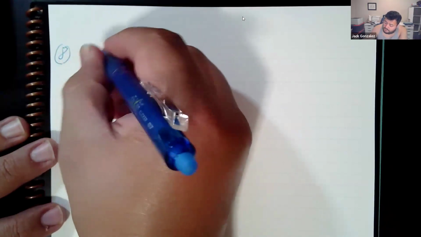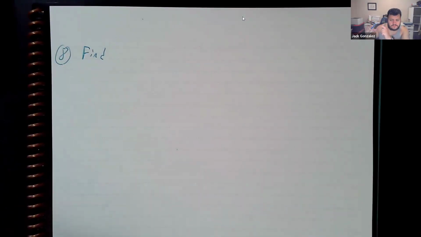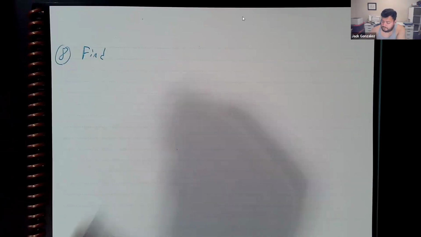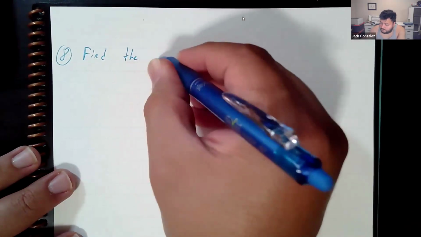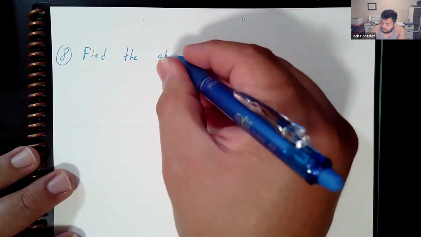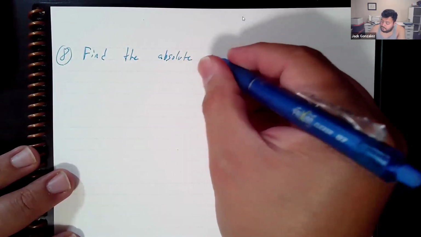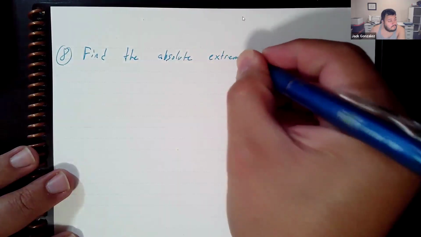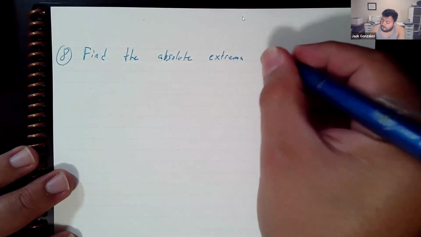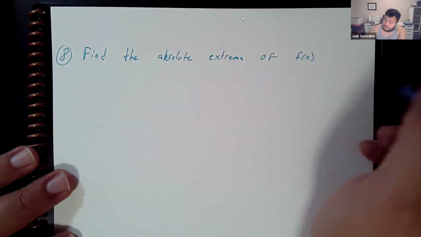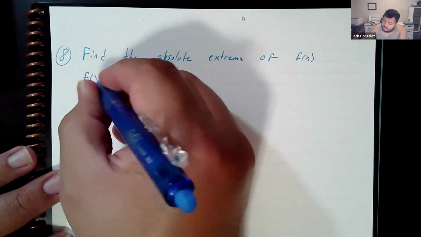Notice that if they close up the function on a specific interval, then you will have a max and min, an absolute max and min. Find the absolute extrema of f of x.